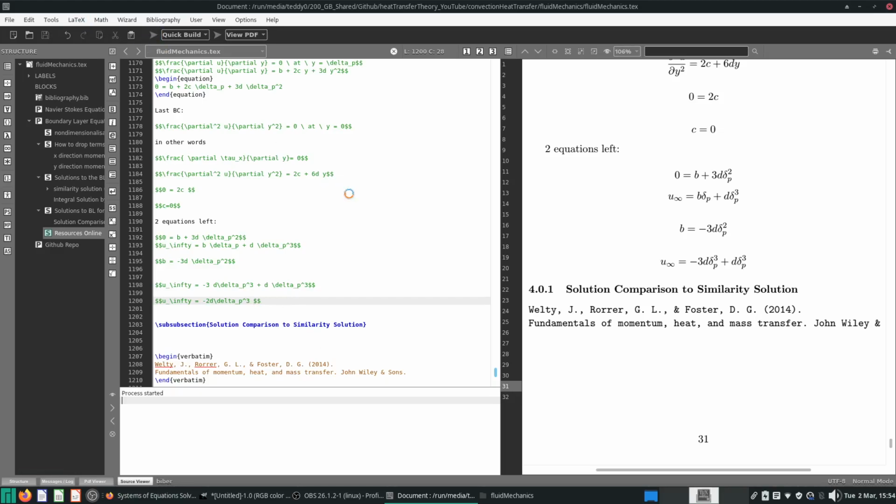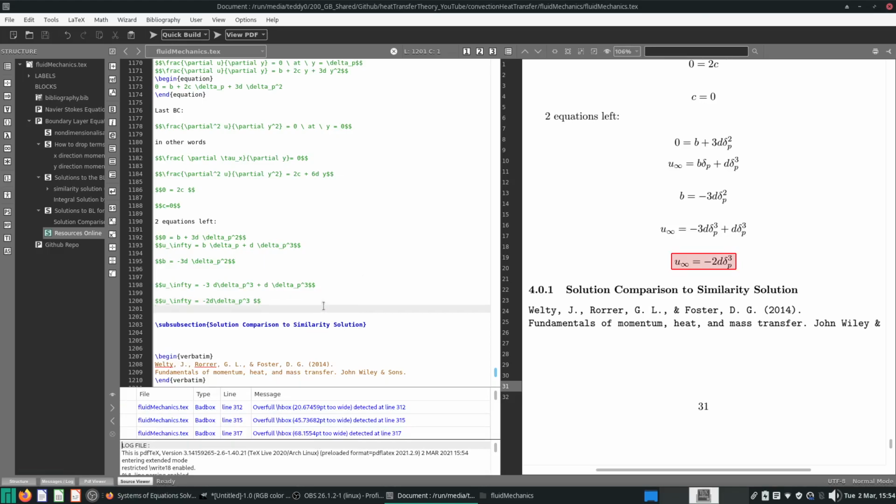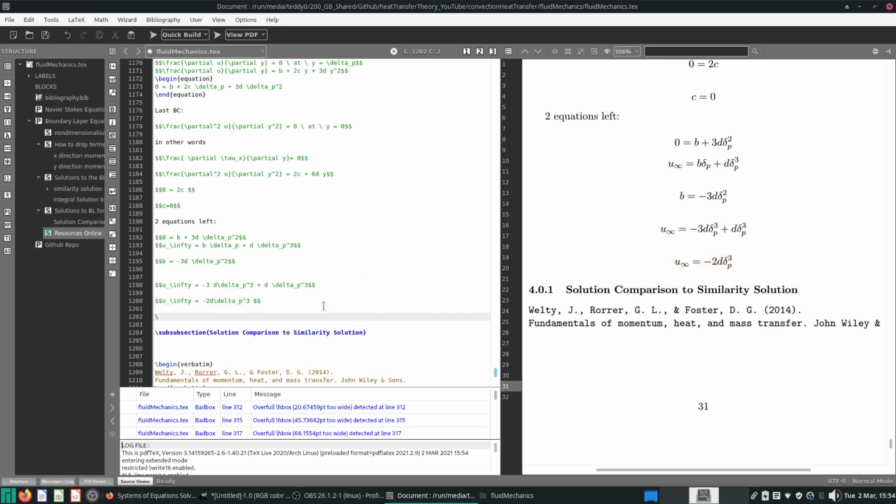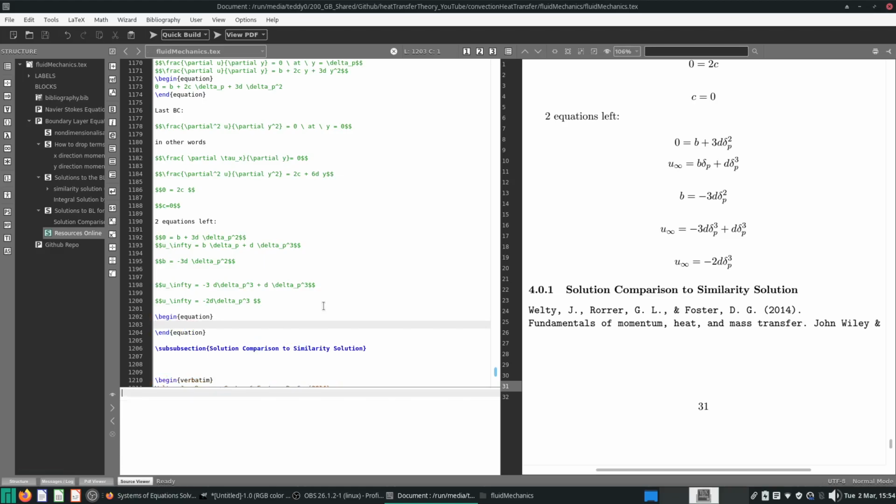And we can finally get an expression for d, which is a negative number. d equals minus u infinity divided by 2 delta p cube.